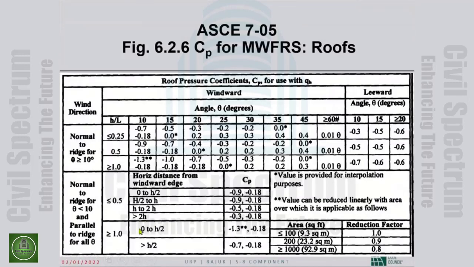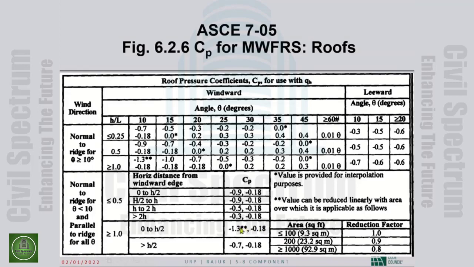So for the first, for a length of roof equal to half the mean roof height, you have a suction of negative 1.3. You also have a suction of negative 1.8. Sometimes the lowest suction you need to figure things out. You need the highest value, the lowest value in some applications, not in all applications. Anyway, the highest value is negative 1.3. That can be reduced.